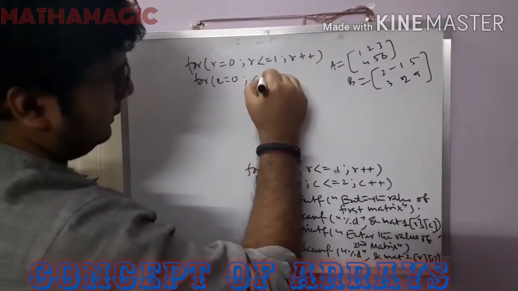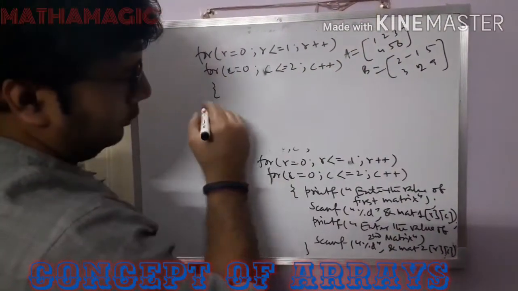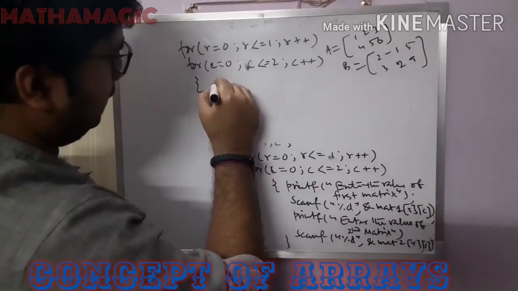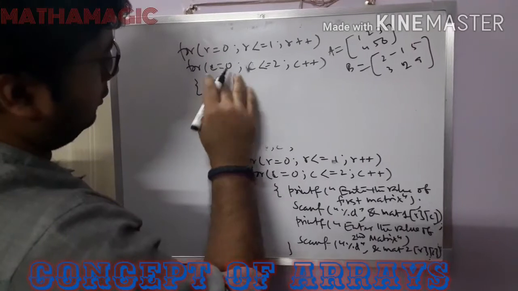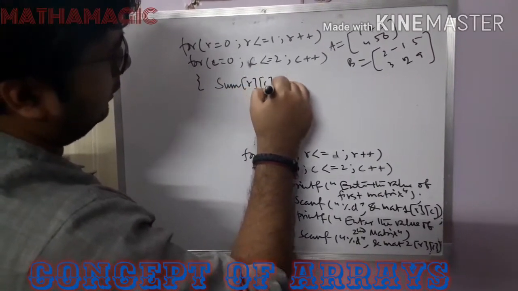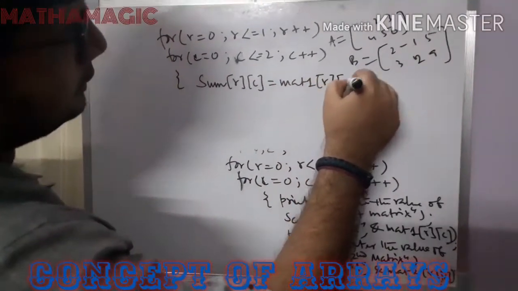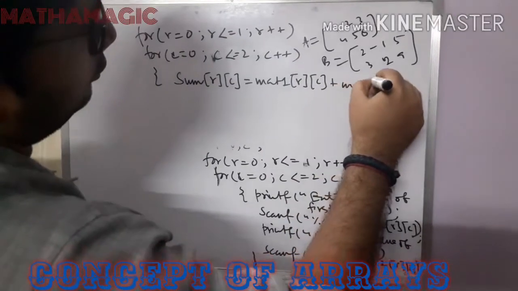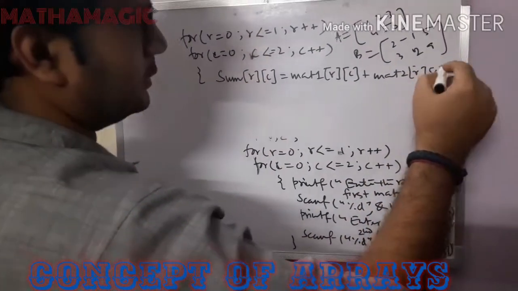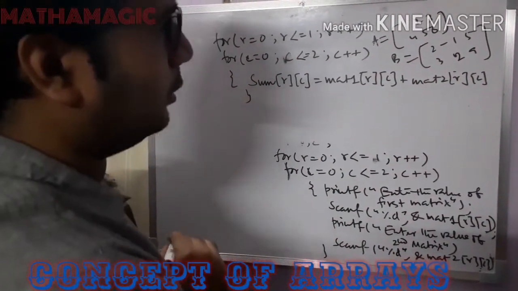C less than or equal to 2 and C plus plus. There is no need of using the printf. Okay, sum of RC equals mat1 RC plus mat2 RC. This is the sum of these two matrices. It will be done by this command only.